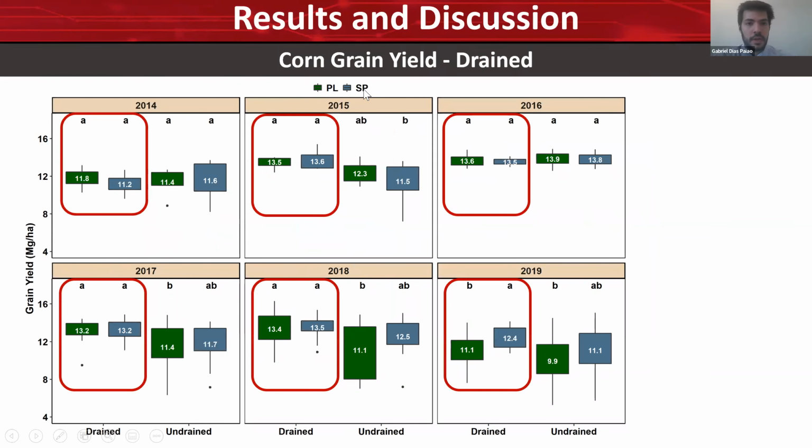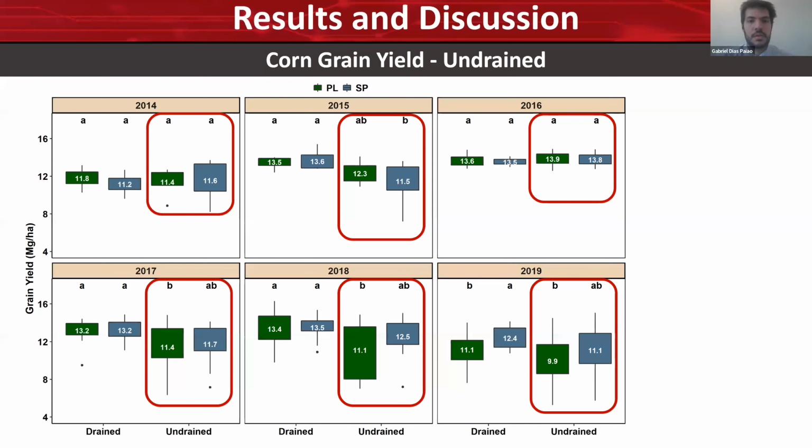What I would like to show here is that for drained soils, a single pre-plant versus a split nitrogen application didn't make a difference in terms of grain yield, except for 2019, which had green snap damage affecting mostly the at-planting or single pre-plant treatments. So this indicates that for drained soils, it didn't make much of a difference in terms of grain yield whether you apply nitrogen as a single pre-plant rate or split apply your nitrogen fertilizer.